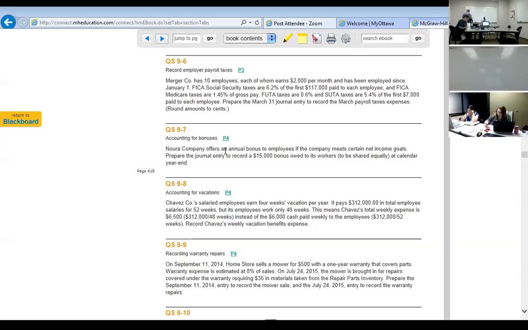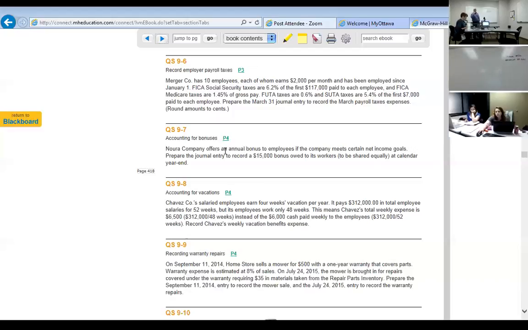Okay, so what do we know? We've got a mower and it's sold for $500, and the warranty is estimated at 8% of sales.